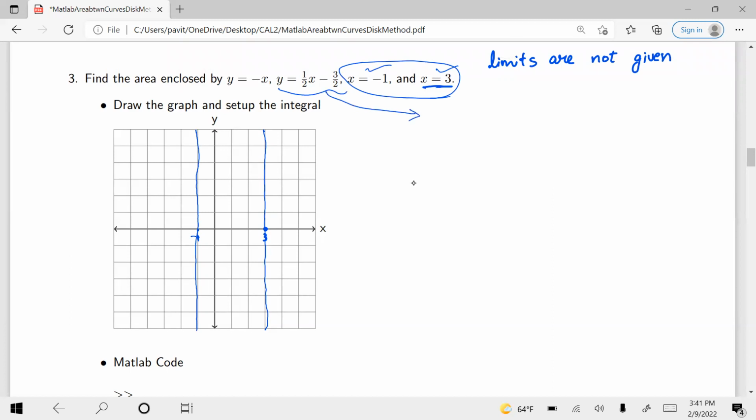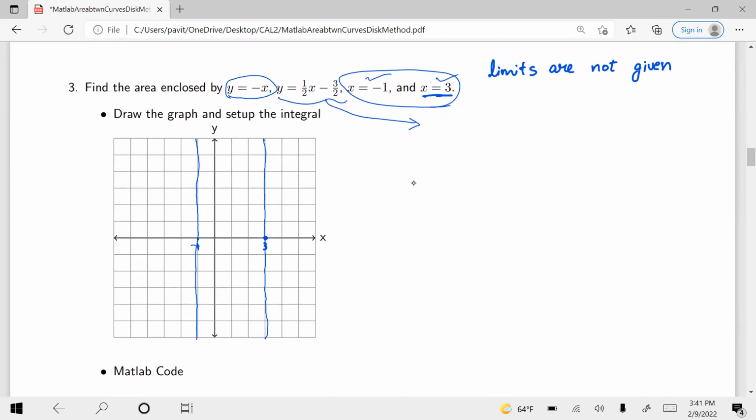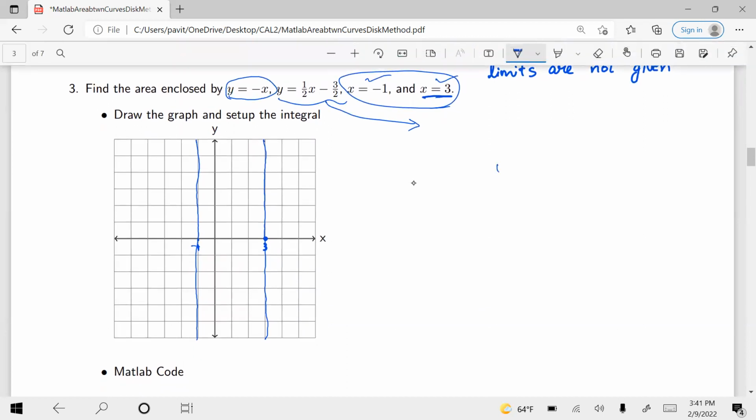Next part is this. If this function looks a little tough, let me draw this and then I will move on to the next part. Now, y equal to -x. At x equal to 0, what is y? 0, right? Now at x equal to 1, y is -1, which is here.